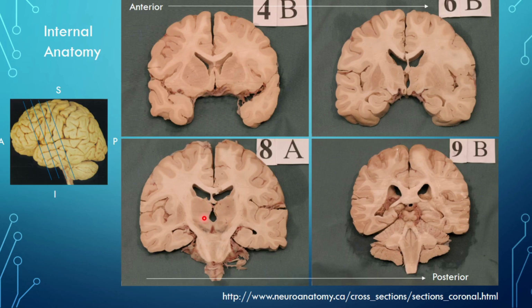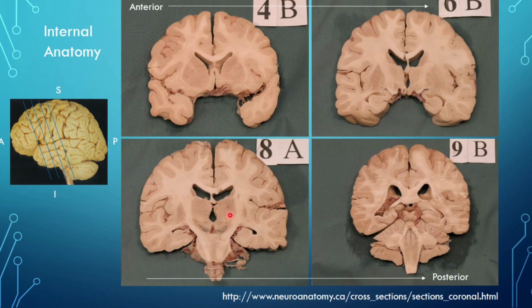And those are referred to as either deep nuclei or basal ganglia. You've probably heard them called that. So these are really, really important structures to do with initiation of movement and also cognition. Very, very important structures.